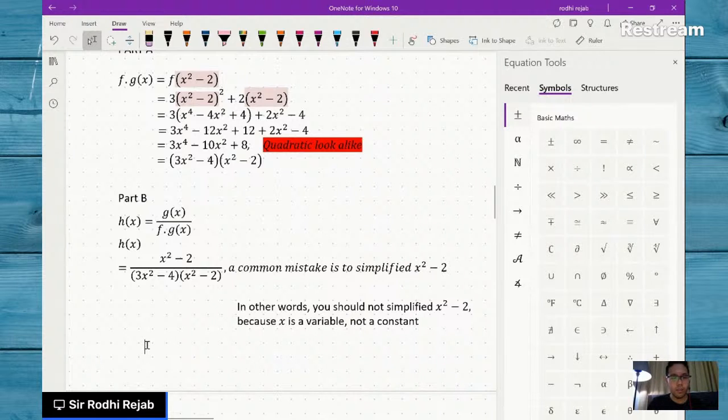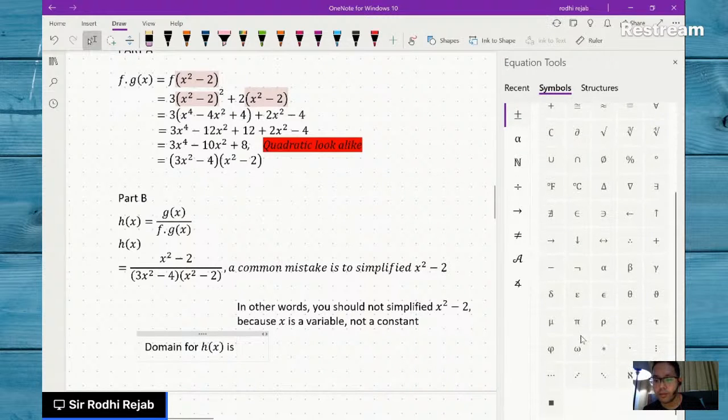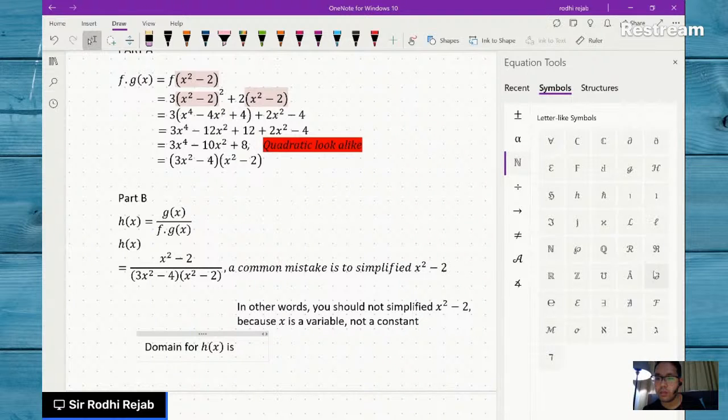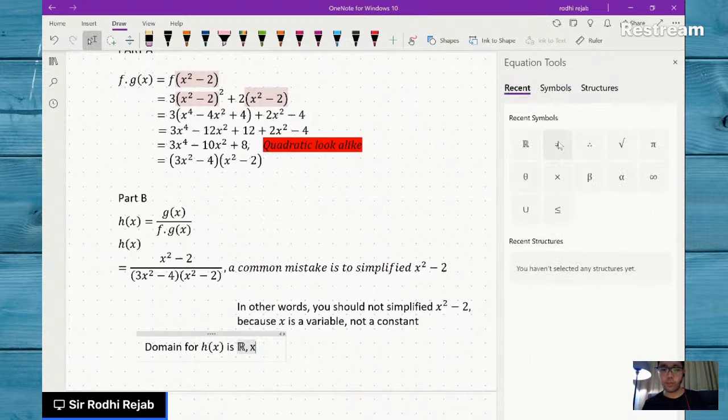The domain will be all real numbers, except where x is not equal to 0, where the denominator is, so that will be because it's a fraction.